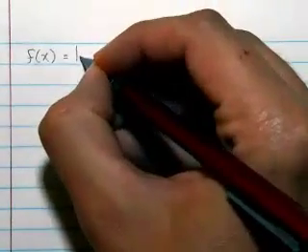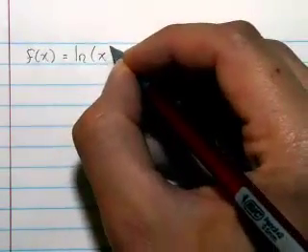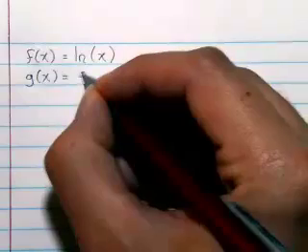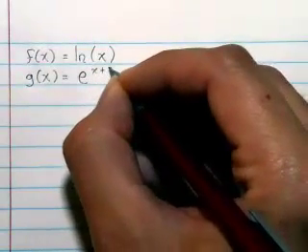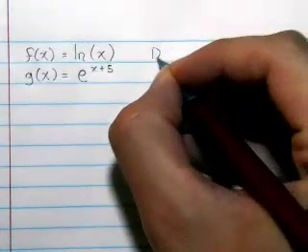So how about we'll do f of x equals the natural log, and g of x will be e to the x plus 5. Okay, so let's talk domain of each of these first.